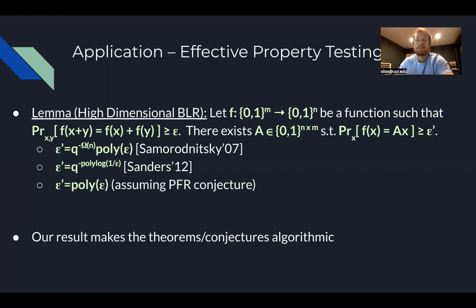It's deeply connected to additive combinatorics, and there's a breakthrough result of Sanders in additive combinatorics in 2012, which got a quasi-polynomial relationship between epsilon prime and epsilon. It's conjectured that epsilon prime depends polynomially on epsilon, and it's known to be equivalent to some version of the polynomial Freiman-Ruzsa conjecture in additive combinatorics. And anyway, it's an area of very active work, and our Goldreich-Levin generalization would make these theorems and conjectures algorithmic.